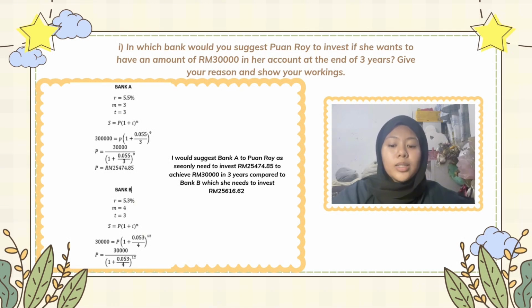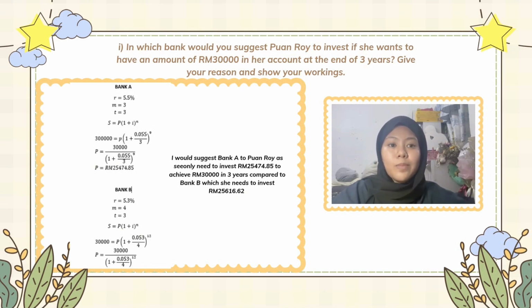So the answer will be 25,474 ringgit and 85 cents, while for bank B, 30,000 ringgit equals P multiplied by 1 plus 0.053 over 4 to the power of 12. So the answer will be 25,616 ringgit and 62 cents.